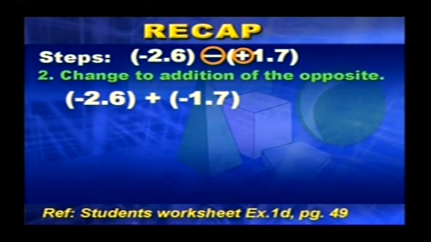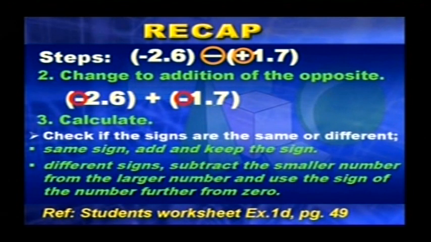And then thirdly, you are going to calculate the question or the expression. Now, before you calculate the expression, you should do the following things. Check if the signs are the same or different. In this case, class, are the signs same or different? Same.